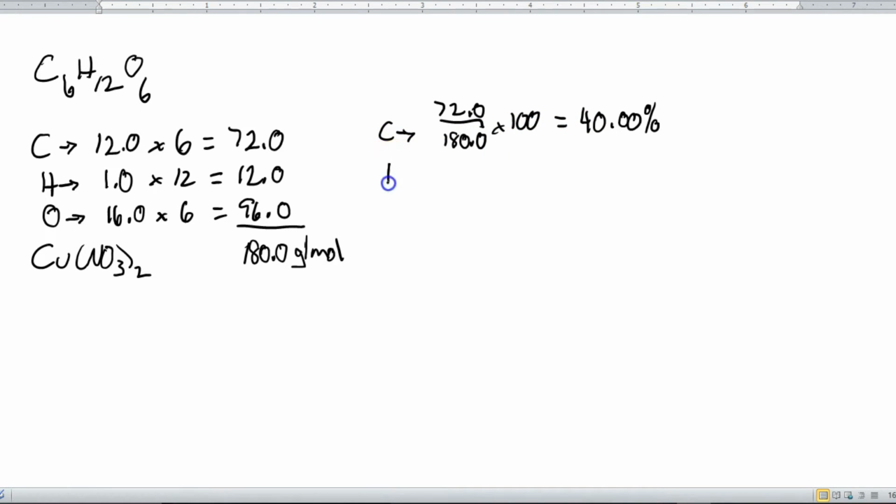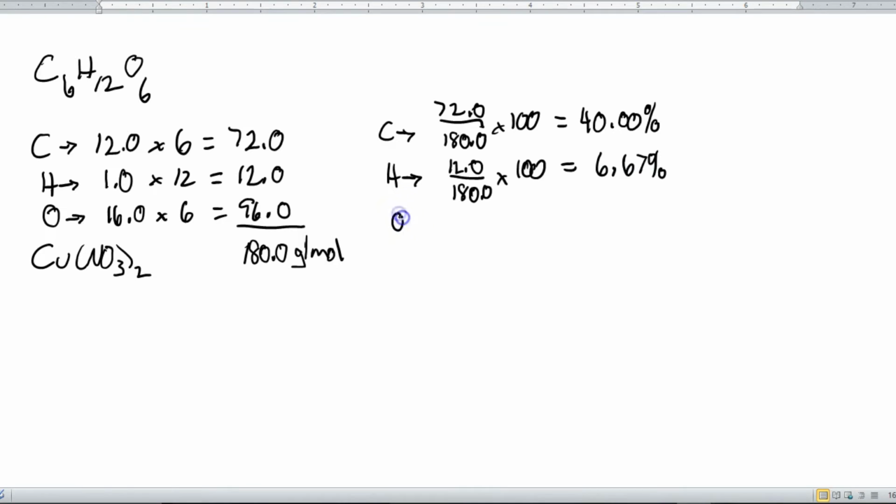Hydrogen has a mass of 12.0 divided by 180.0 times 100, and that comes out to 6.67%.